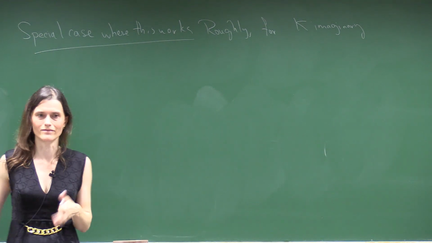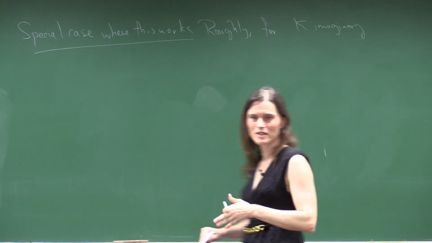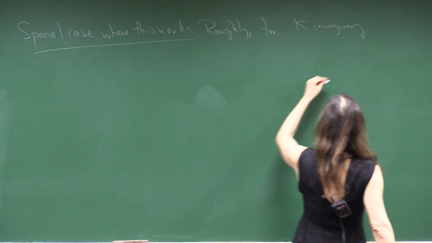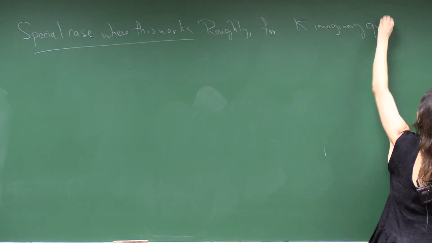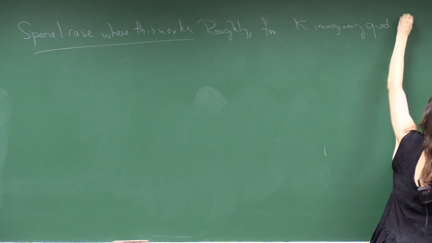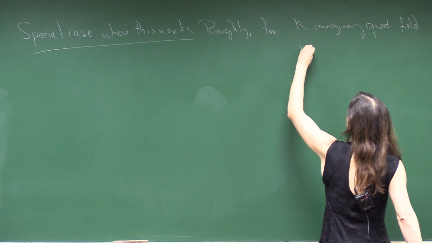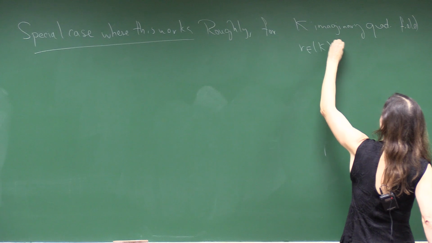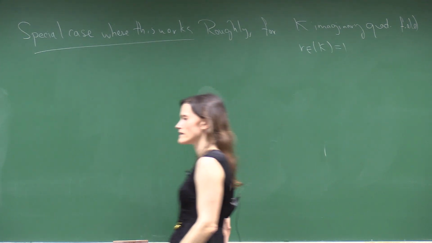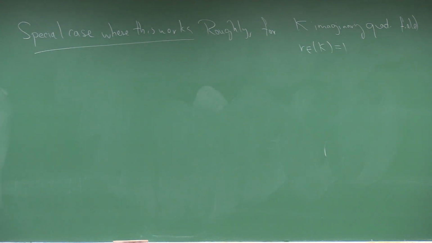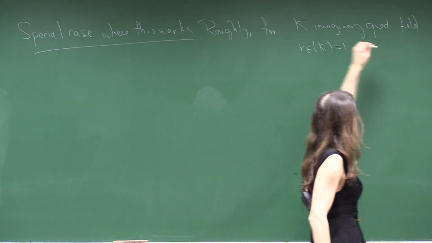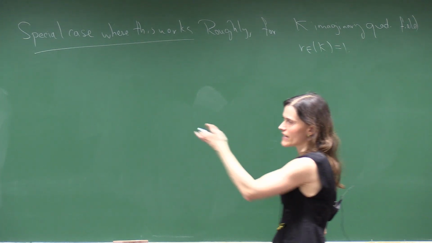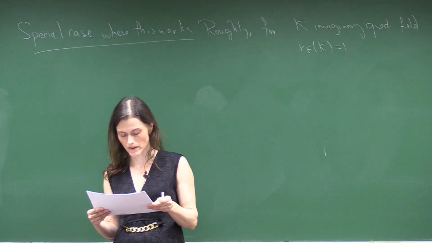You have to talk a lot about Waldspurger and different theorems. So let me just work over an imaginary quadratic field. And actually, I'll assume throughout that the elliptic curve that we start with is defined over Q, so that it's modular by work of Wiles, Taylor-Wiles, and Breuil-Conrad-Diamond-Taylor, so that we can take for granted the properties of the L-function that I wrote down before.